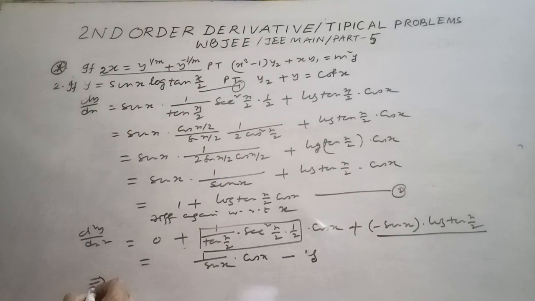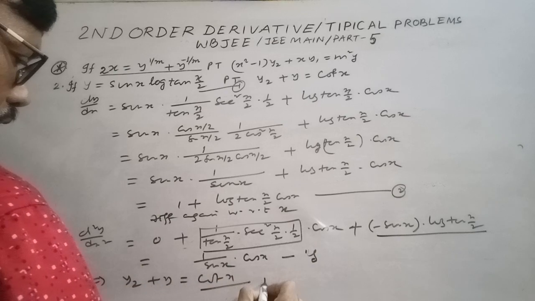So finally we get y2 + y because 2 cos x/sin x is cot x.